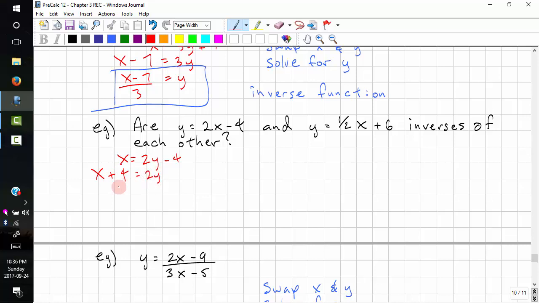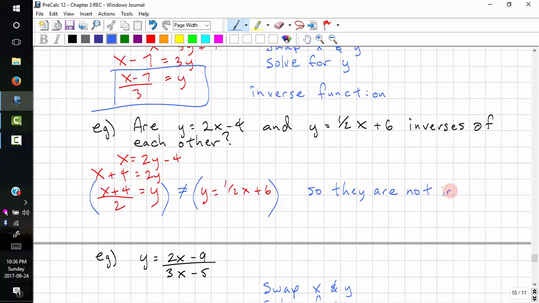Divide both sides by 2. This does not equal this equation. So they are not inverses of each other.